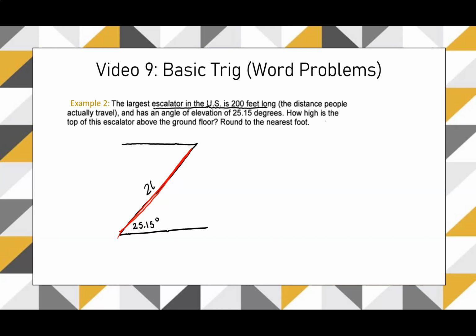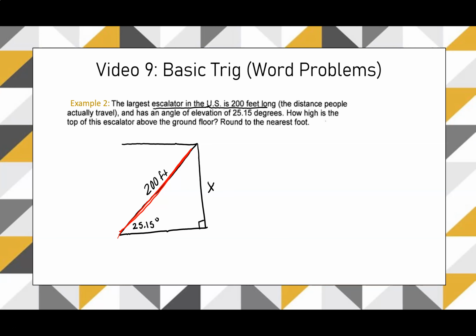So this red part here is 200 feet. And then I'm just going to close off my triangle here. Of course, it's a right triangle. And I want to know how high the top of the escalator is above the ground floor. Well, where's the ground floor? It's obviously right here. So that height is going to be right here. That's going to be our x, our missing variable.